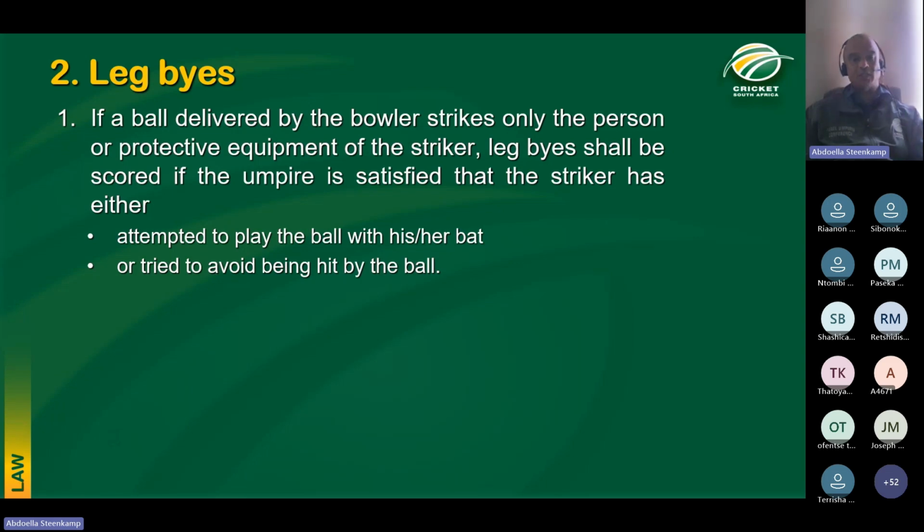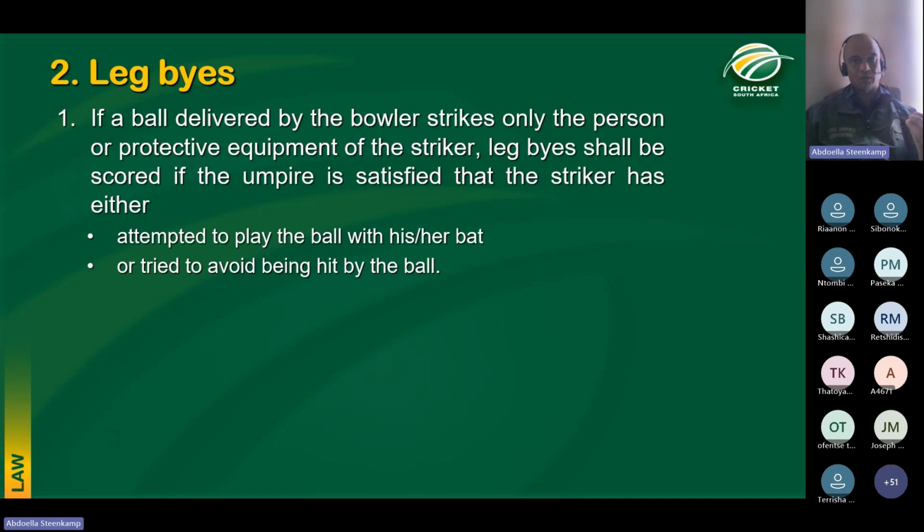If these 2 conditions are met, i.e., yes, the striker attempted to play the ball with the bat, and yes, the striker tried to avoid being hit by the ball, then leg byes accrue to the score.